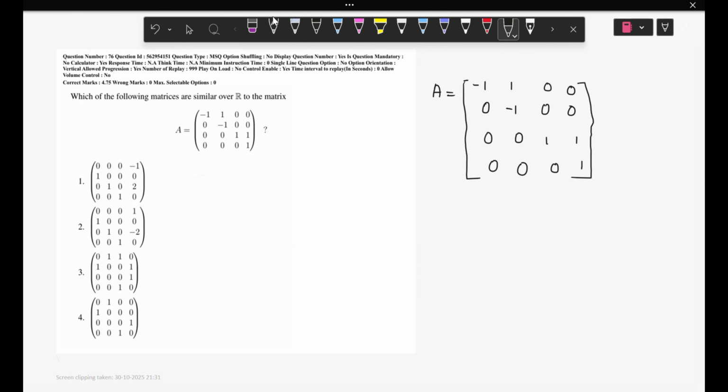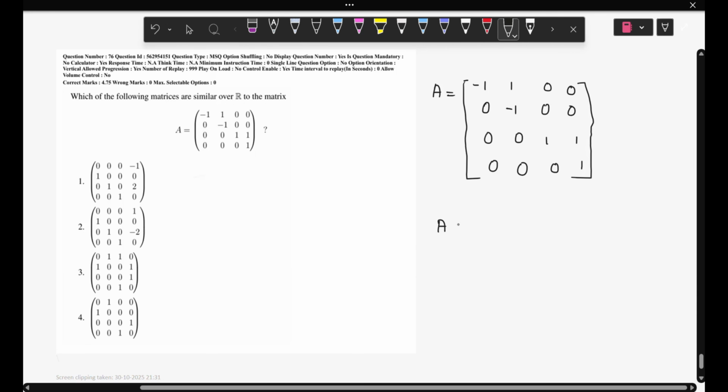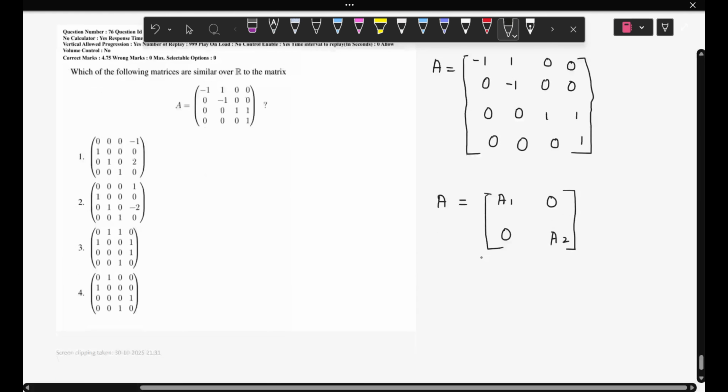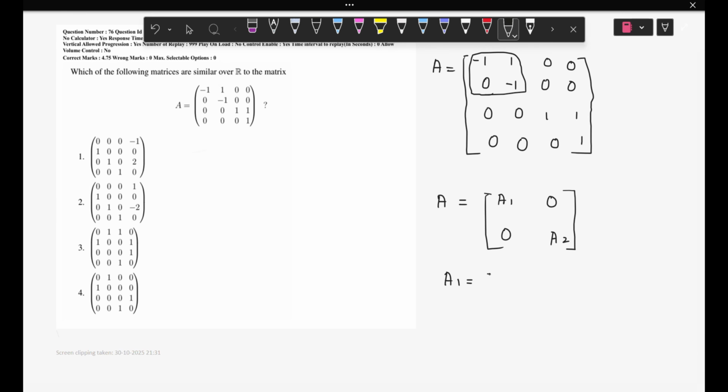So that is why I am going to represent A in the form of a block matrix. I can write A as A1, 0, 0, A2. Right? And I'm just telling you how to deal with this block matrix. Here A1 is this 2 by 2 block: minus 1, 1, 0, minus 1.